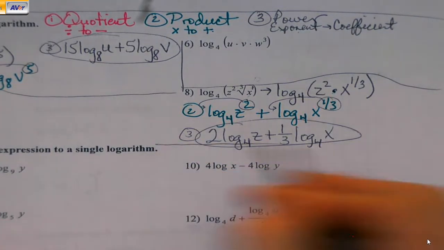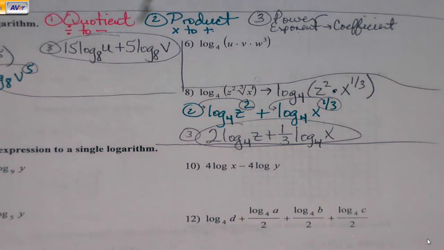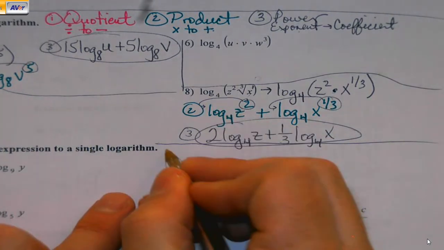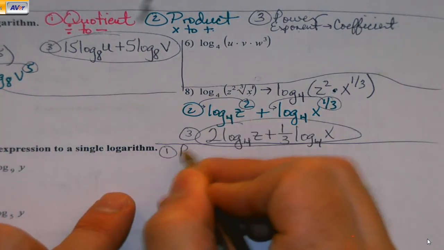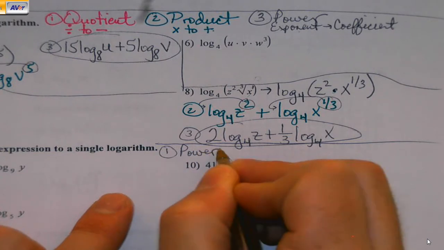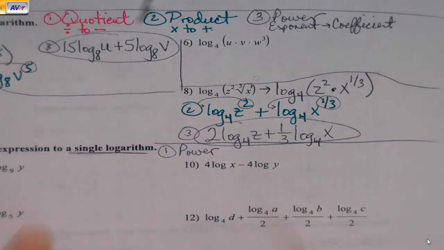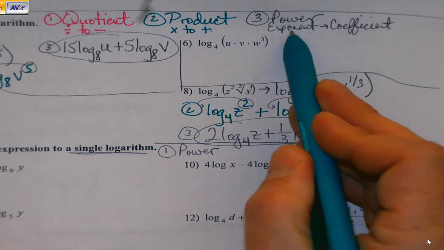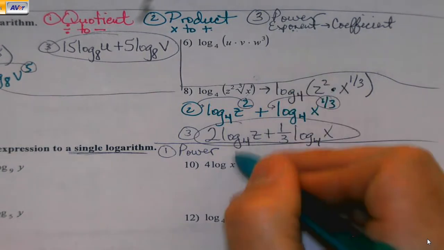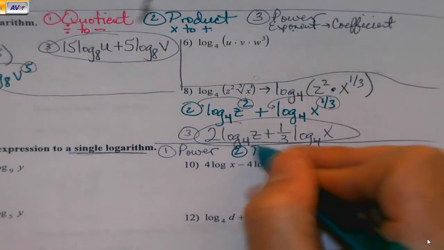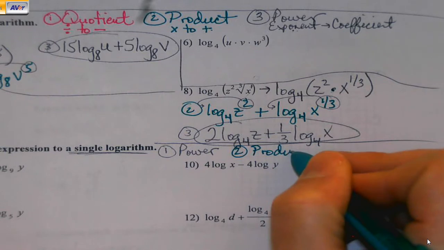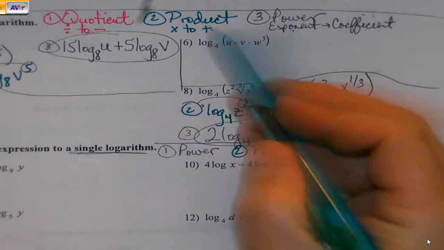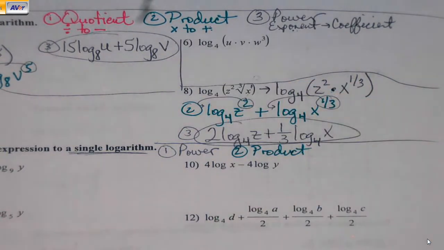So I'm not going to rewrite all the other little stuff, but I am going to remind us, when we condense to a single logarithm, we do power first. So if we have coefficients, they're going to become exponents. We're going to do product second. So add will become multiply. We're just doing opposites.